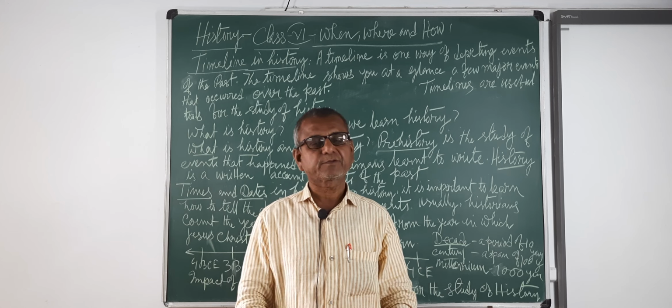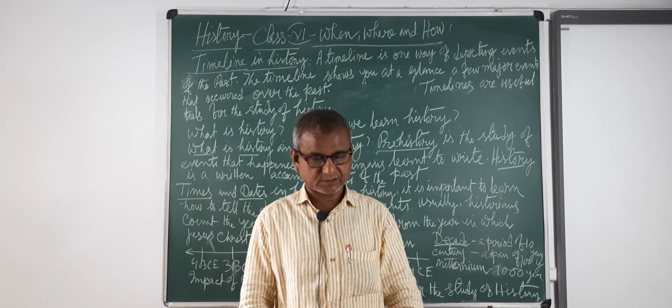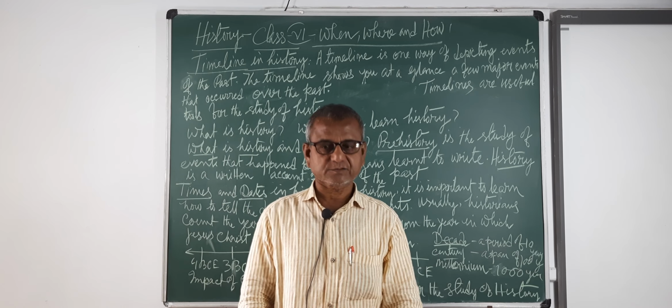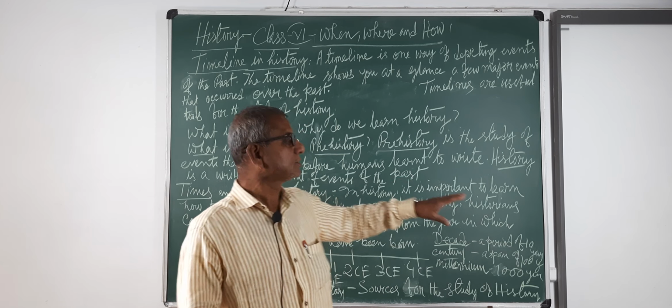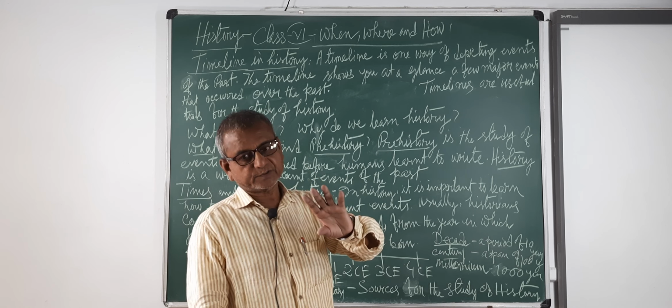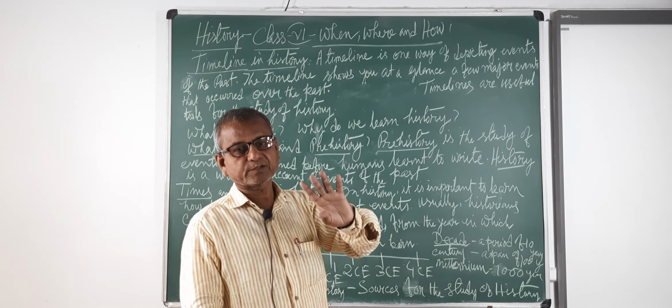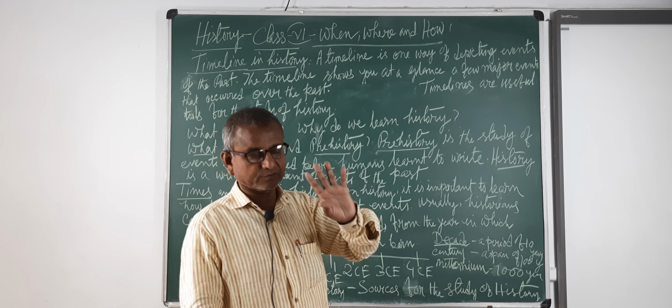In this period we have got so many written records, which is why it is a historical period. But the Indus Valley civilization, although we have written records, has not been deciphered. Scholars could not read it, even today.